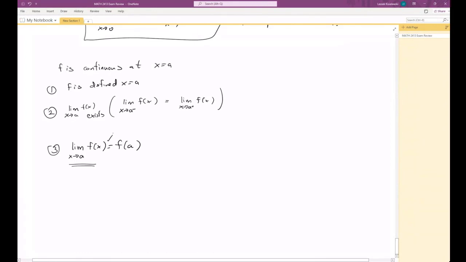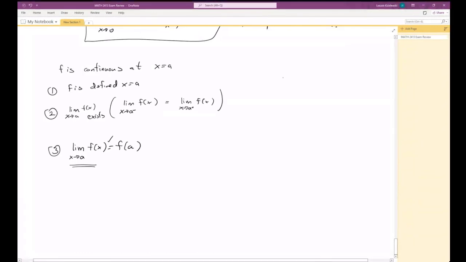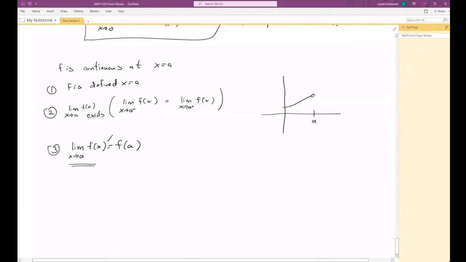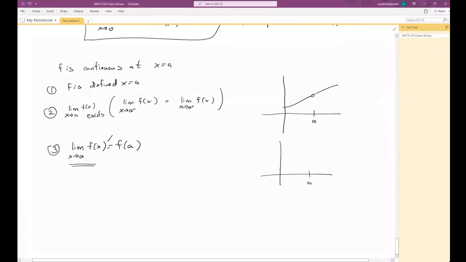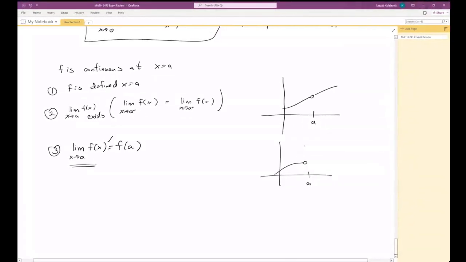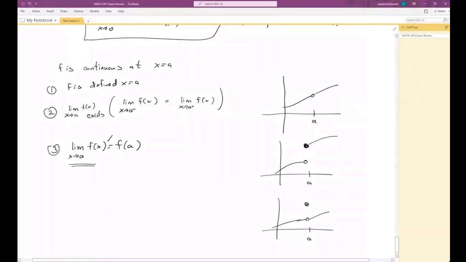Right. So continuity. I mean, you can tell me why a function here is discontinuous, right? And so these are all graphs of functions which are discontinuous at a.